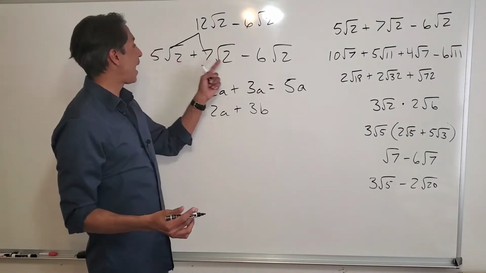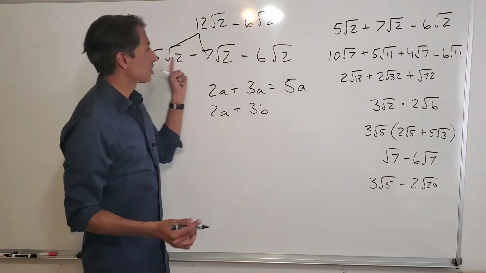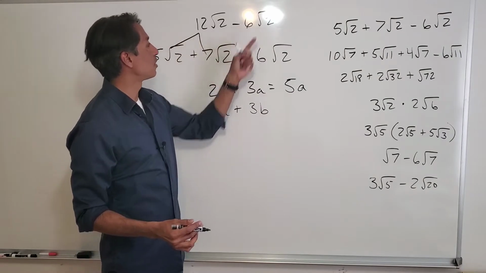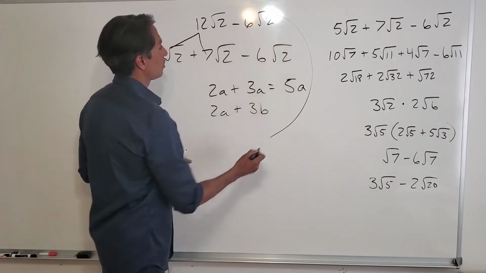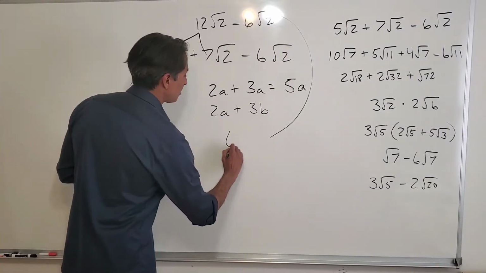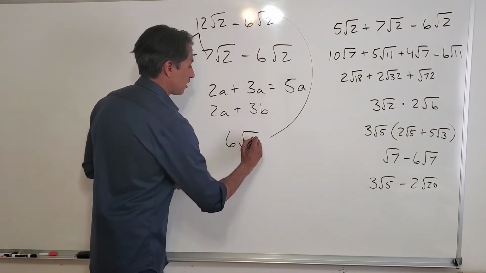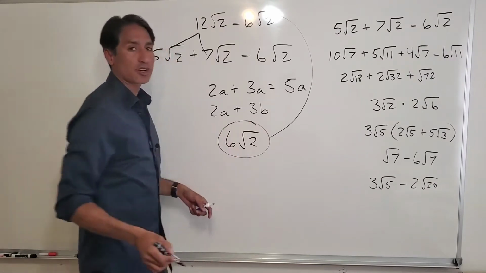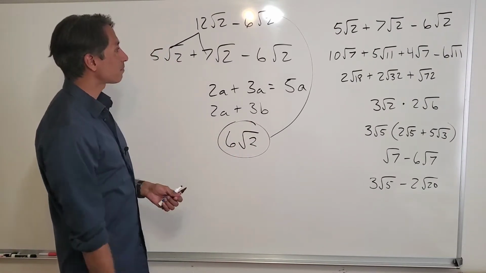If that thing on the back is the same, we're allowed to just combine the terms. So 12 root 2 minus 6 root 2 is, well, 12 minus 6 is 6. And so the answer is 6 square root 2. Okay, circle it, got your answer, done.